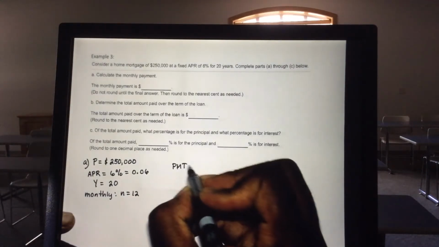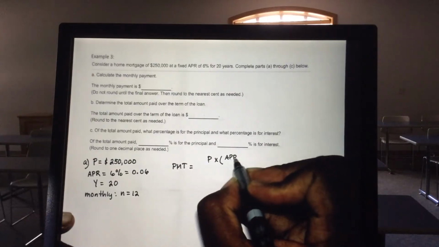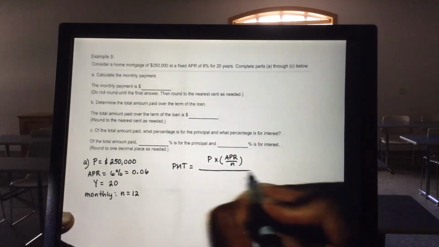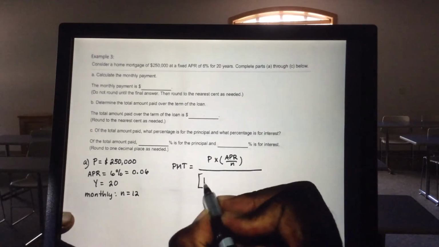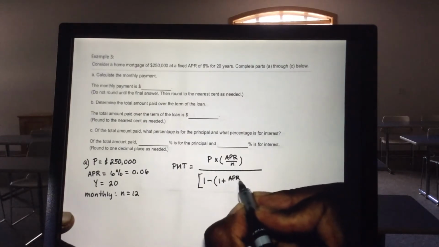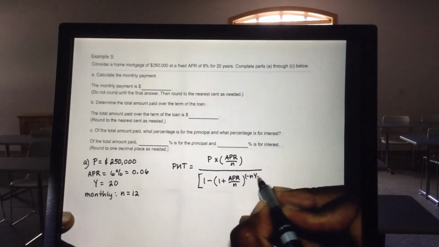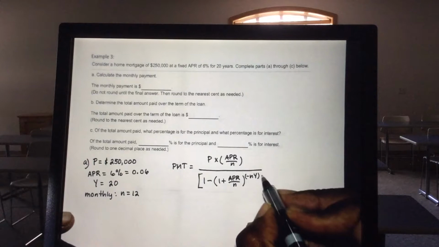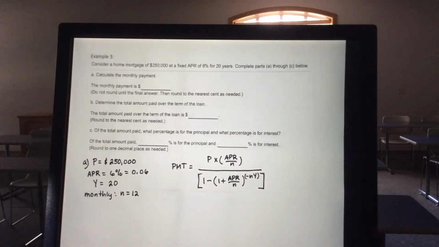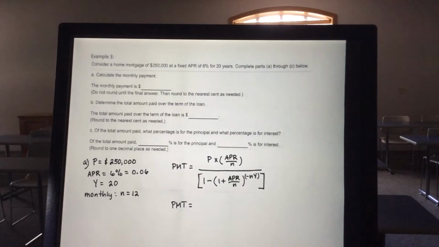And now the formula, PMT is equal to P times APR divided by N, all divided by the quantity of 1 minus the quantity of 1 plus APR divided by N, that's raised to the negative N Y, close parentheses. Now let's substitute those values into that payment formula.